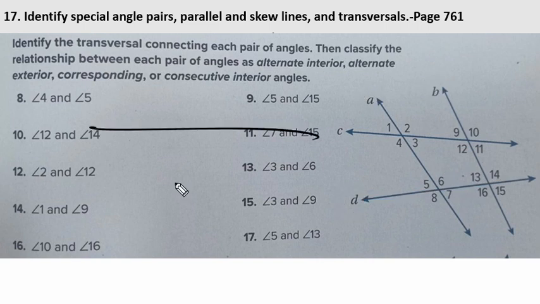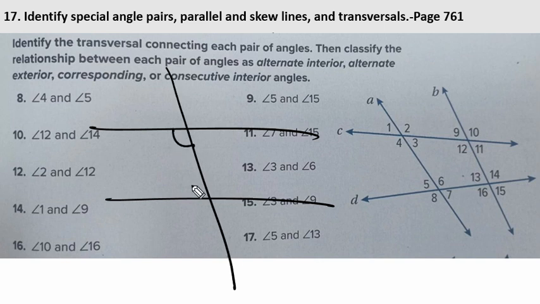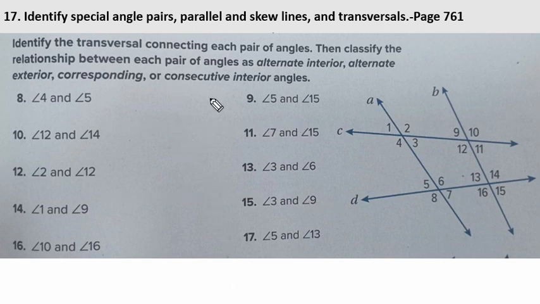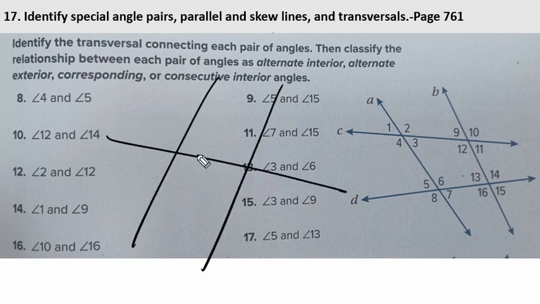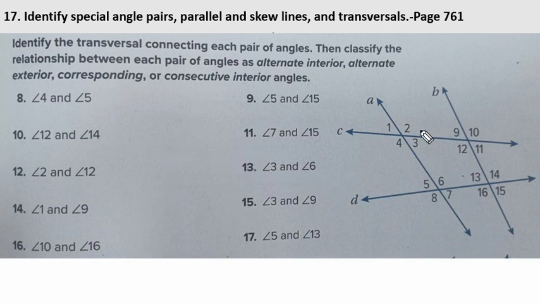If you have, let's say, these lines and there is a transversal, then these angles are consecutive interior and these angles are consecutive interior. Similarly, if you have it like this, then these two angles are consecutive interior and this is also consecutive interior. One more thing, the sum of consecutive interior angles is 180 degrees.